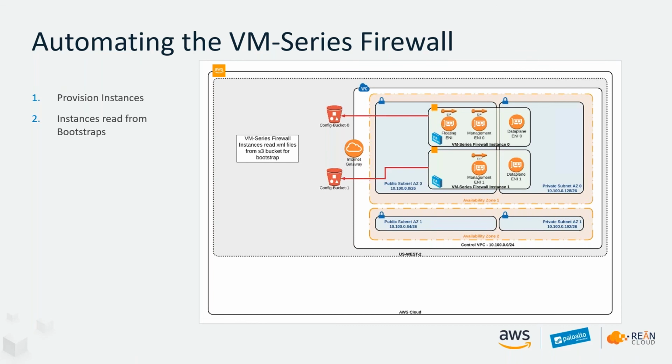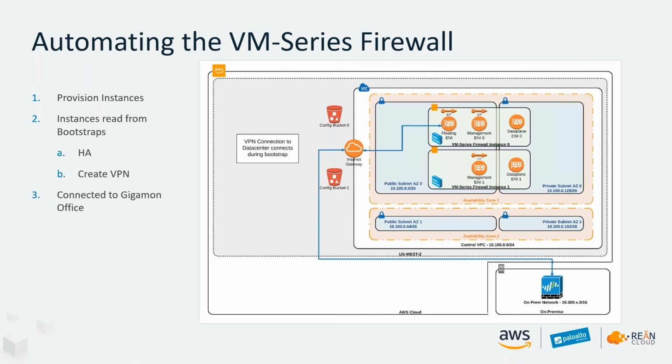And so from that, they're able to lay the foundation for HA, although the bootstrap doesn't allow you to fully configure it, but it puts in some of the components that we're going to leverage to be able to do that. It also, from the bootstrap, we're able to create the VPN back to the Gigamon Development Center in California.